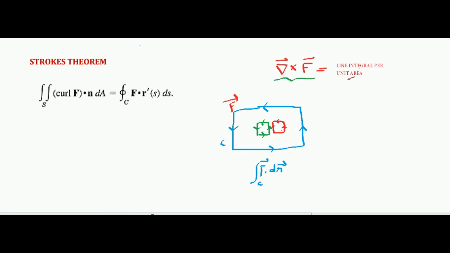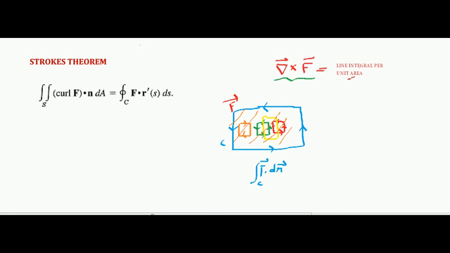Interestingly, you find that these two parts cancel each other. Similarly, if I go on adding all the curl per unit area, then I will get the total line integral for this entire area.